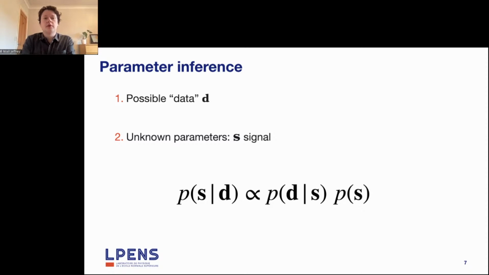And our unknown parameters are our signal. In the example we've talked about here, those unknown parameters are actually every single pixel within that underlying pure B-mode map that we don't know and are trying to infer. And of course, the posterior probability.